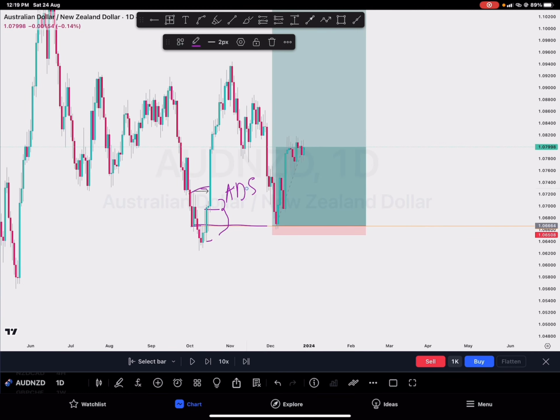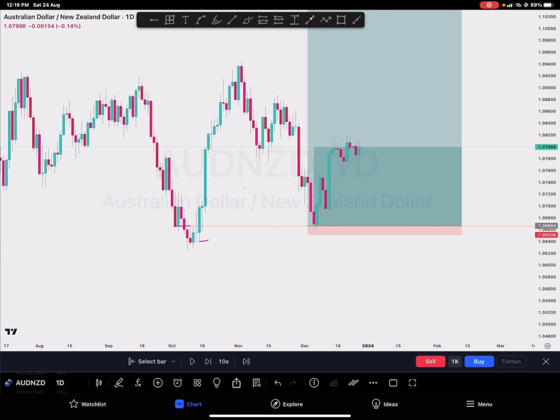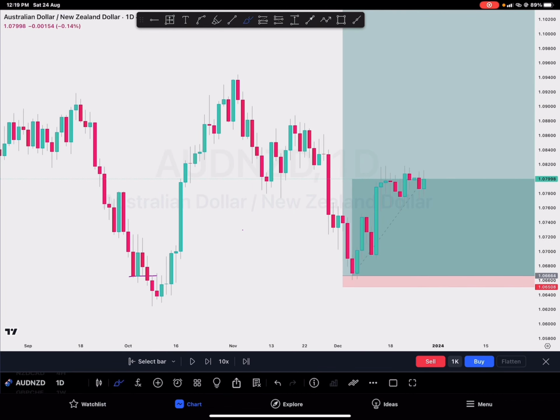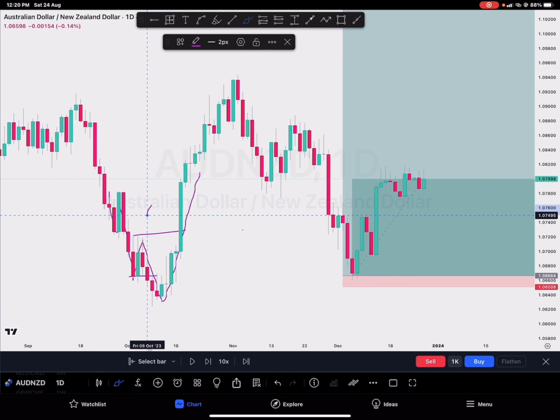So you can clearly see price dropping. On the daily time frame, price was dropping, forming highs and lows, then price happened to break that level and performed a shift point.